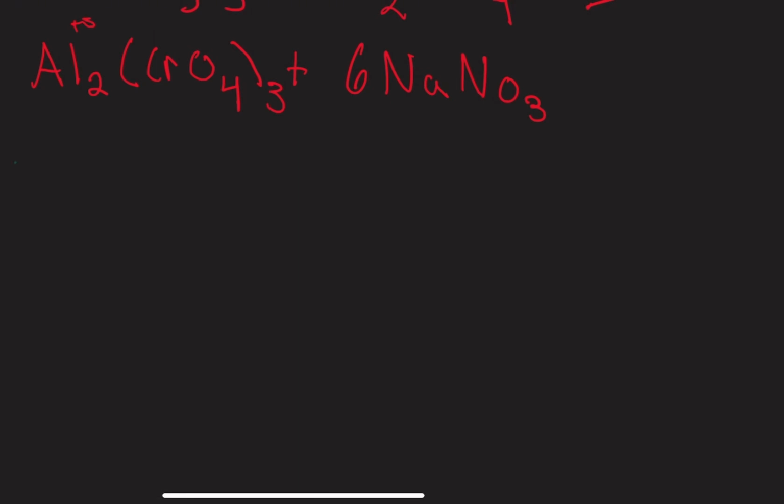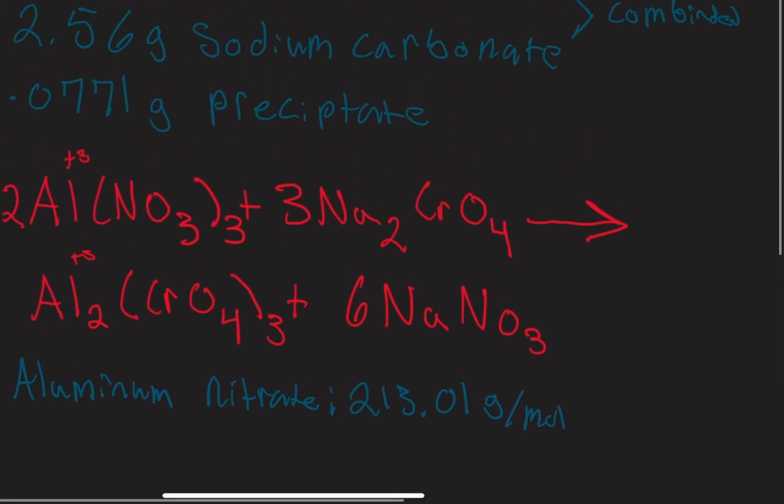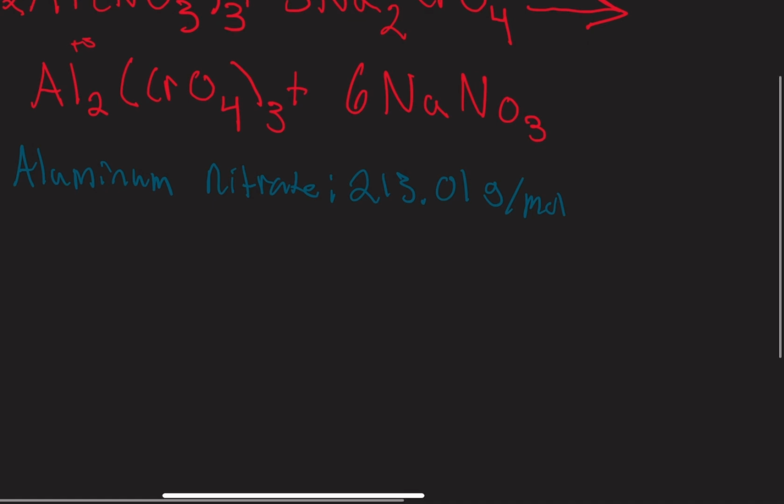Okay, now that we have the equation written out, we can write out the molar mass of every compound we have. So aluminum nitrate has a molar mass of 213.0 grams per mole. Then we're going to move on to our sodium carbonate, and our sodium carbonate had a molar mass of 161.97 grams per mole.